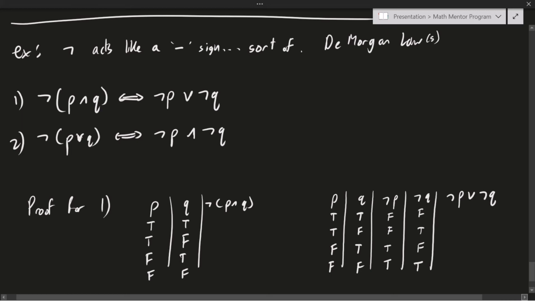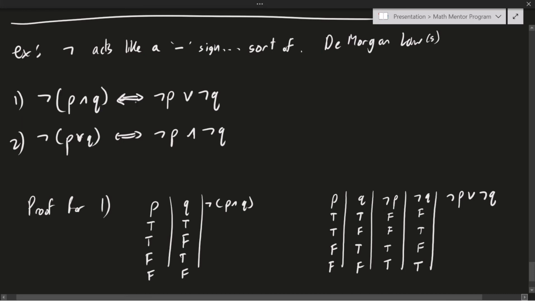So if we say not (P and Q), this is going to be logically equivalent to not P or not Q. So in other words, the little negation sign has sort of distributed over and multiplied itself by the P and the Q. The only thing that was a little different was that the AND sign changed to an OR, right? And so you can sort of think about this like a minus sign distributing over things in brackets. Okay, but this is not something that we will focus very much on.